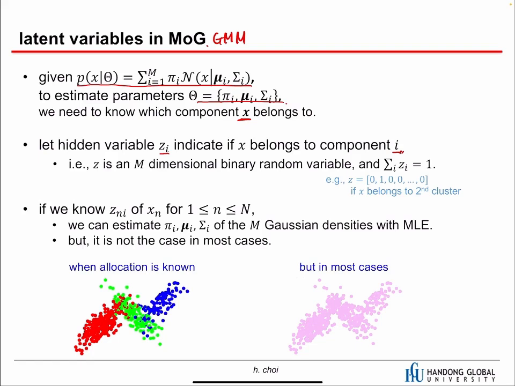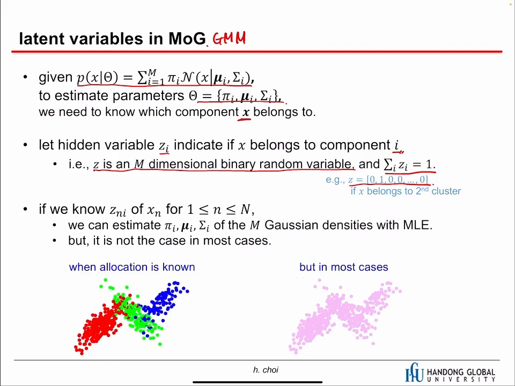In other words, z is an m-dimensional binary random variable, something like this, and the sum of all the elements should be 1, which means x belongs to one component.